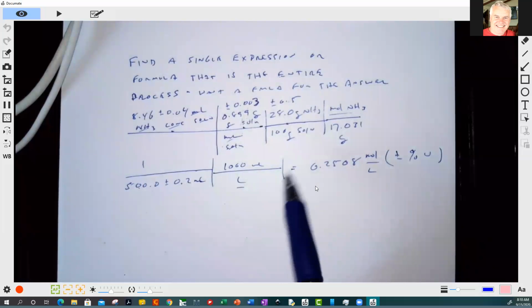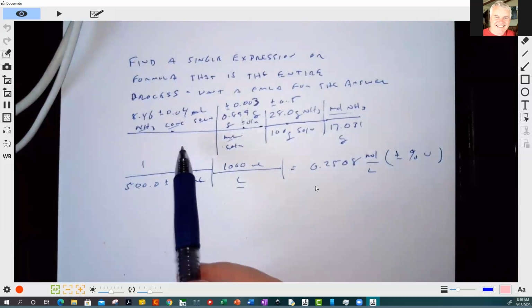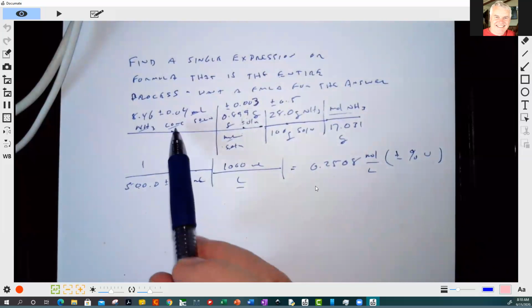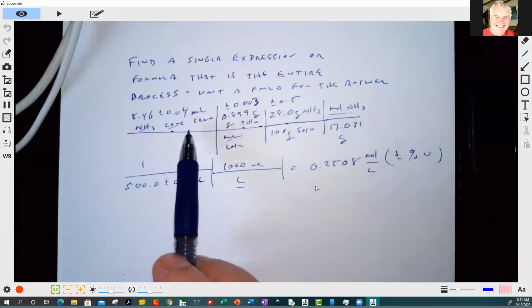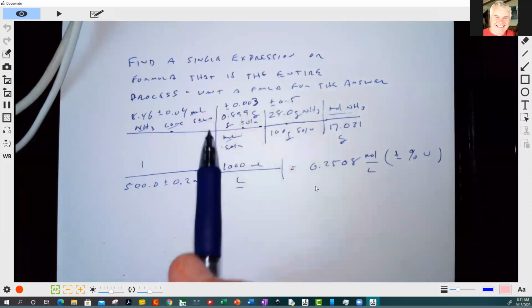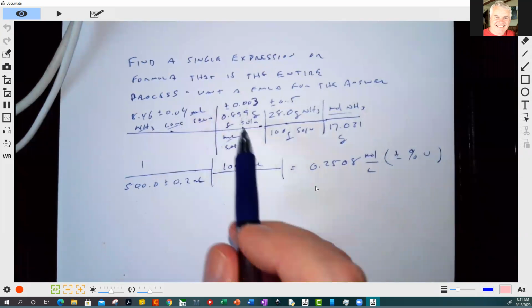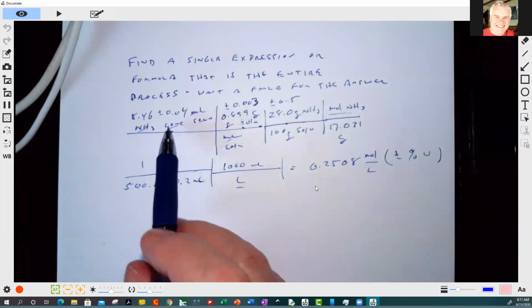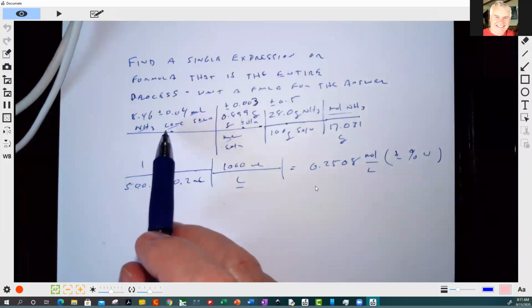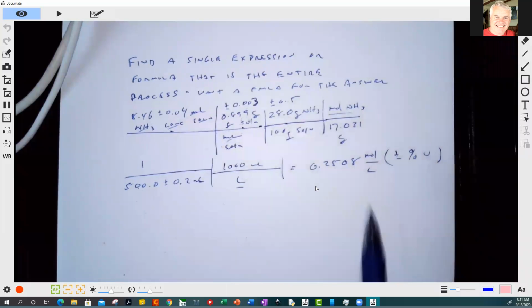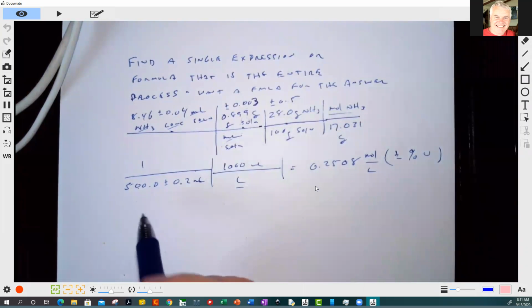What is the rule for the propagation of uncertainty? And that rule is that the percent errors in each of these multiplication and division terms add in a root sum squared.